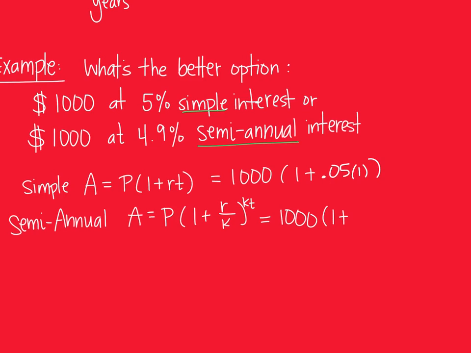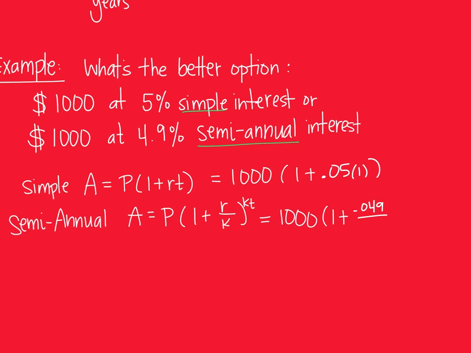All right, for the semi-annual, we're doing 4.9. That's 0.049 divided by, now I need a k. Semi-annual means how often, you Nordstrom shopping people? Okay, twice a year. Semi-annually means twice a year. Once in June, once in December, or whatever.